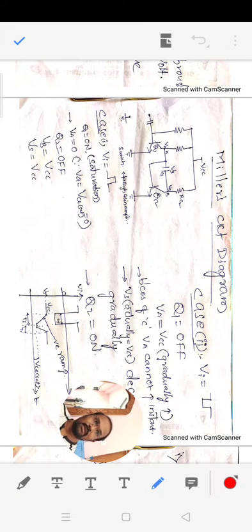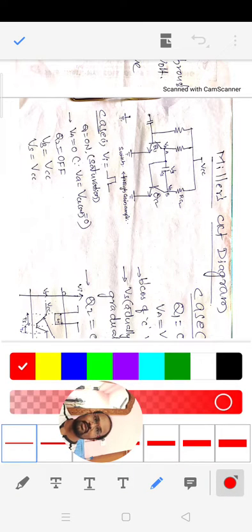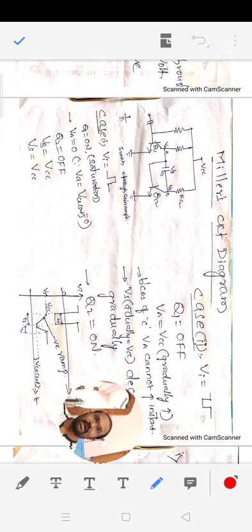At the base terminal of Q1, we apply the input.